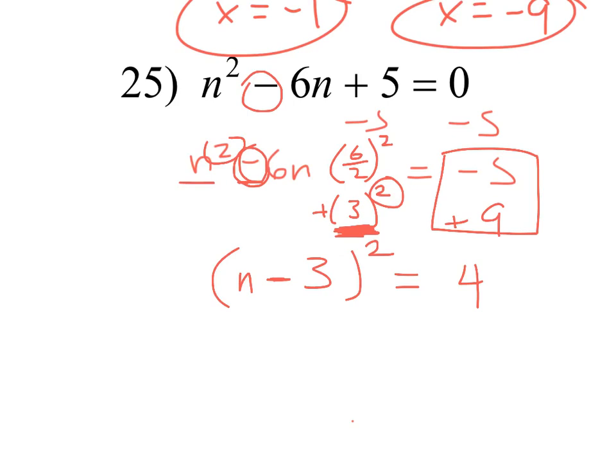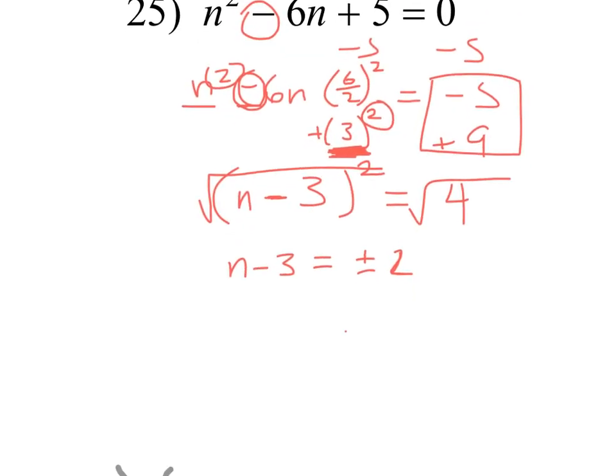Now we take the square root. n minus 3 equals plus or minus 2, because we need 2 equations. So we get n minus 3 is equal to a positive 2, and n minus 3 is equal to a negative 2.